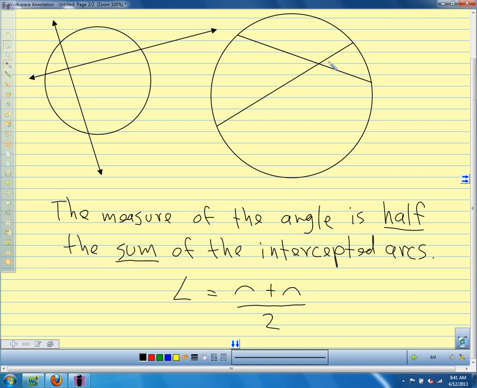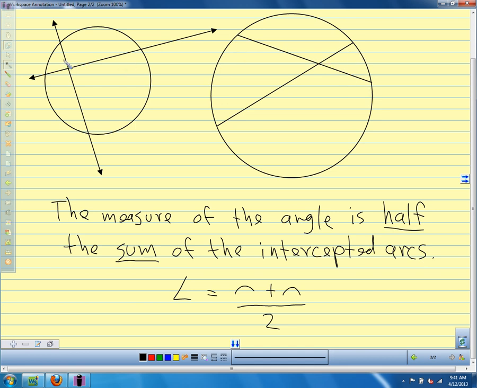So what we're talking about here is this angle would be the intercepted arc, the arc that's at the side of the angle, and this arc. You would add those two together, arc plus the arc divided by 2. So this angle here, I have this intercepted arc and this intercepted arc.